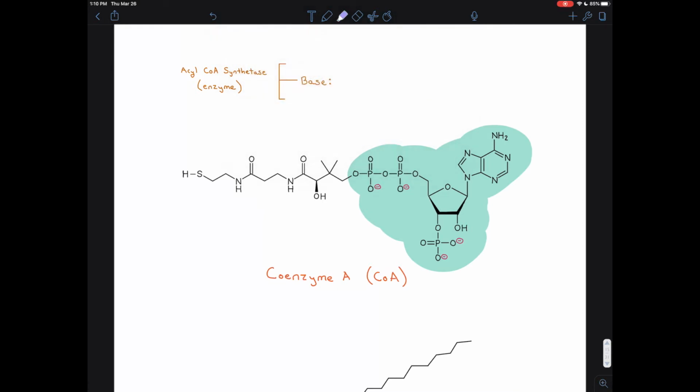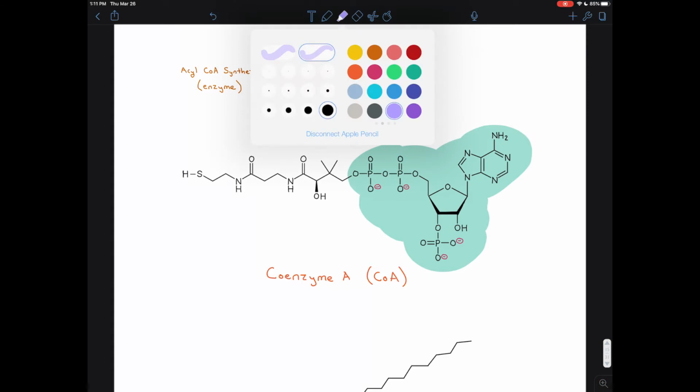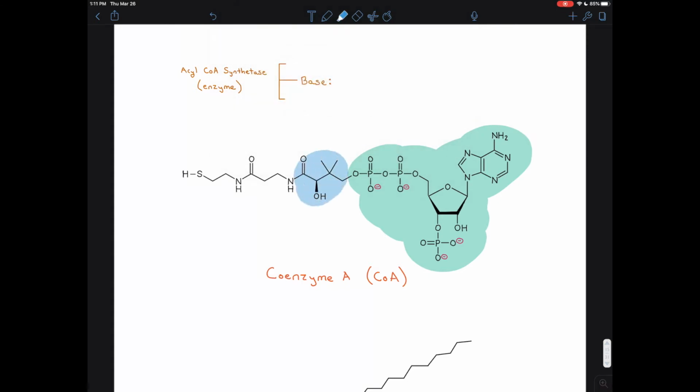The rest of the molecule is not even the active part. A lot of this is not going to interact now. I'll put this in blue. This whole thing is a molecule called phosphopantothenate. It's not necessarily important for our purposes here. What's really going to react is the sulfur at the end here. Sulfur is a great nucleophile.